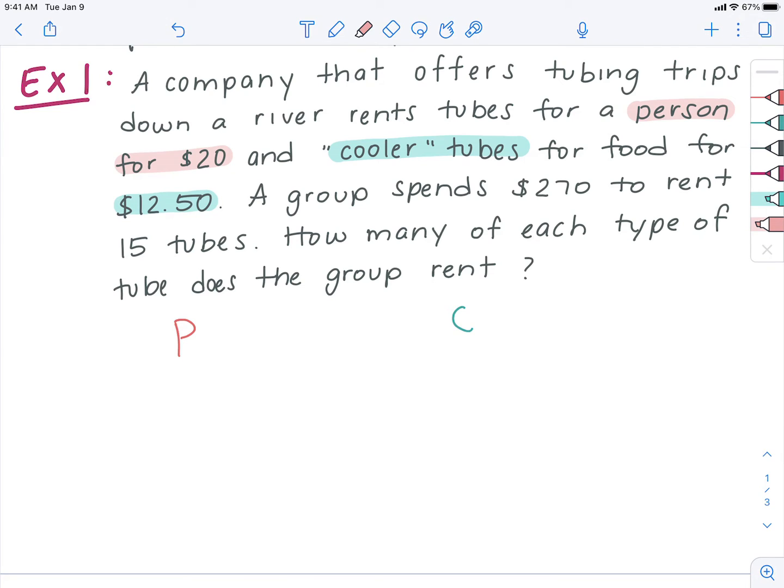So I'm going to say P equals the number of person tubes being rented, and C is going to be the number of cooler tubes being rented.